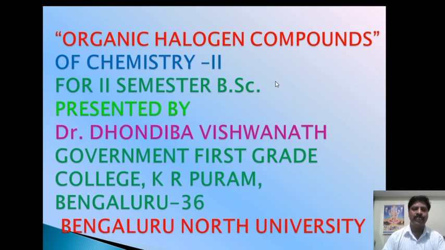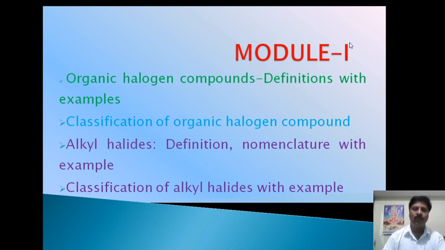We have to explain one by one, and in today's class I will explain module 1, in which organic halogen compounds, definition with examples, then classification of organic halogen compounds, then alkyl halides, definition, nomenclature with examples, then classification of alkyl halides with examples. Now I can explain one by one.